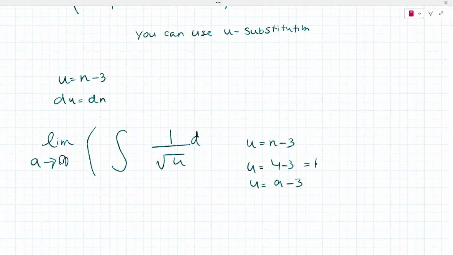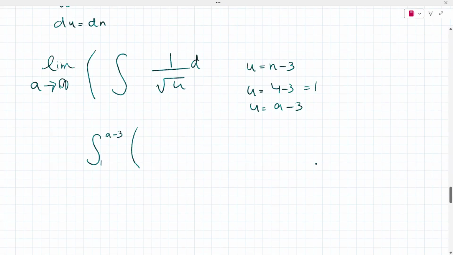So we can rewrite this integral from 1 to a - 3 of 1 over square root of u du.